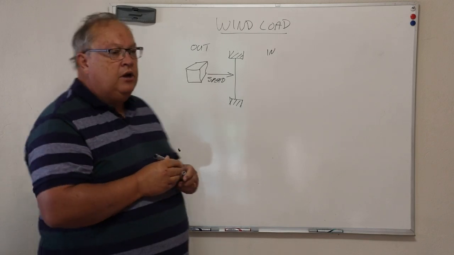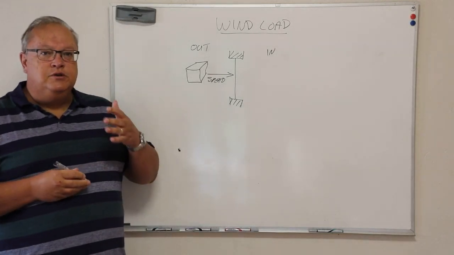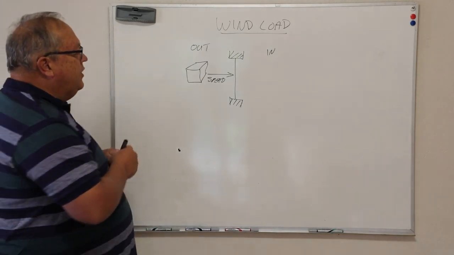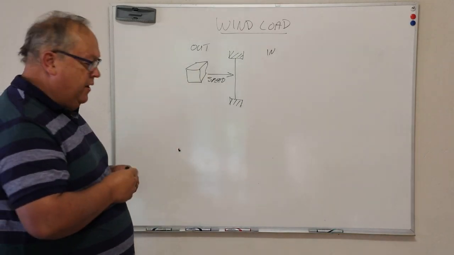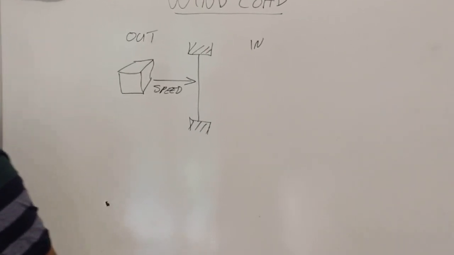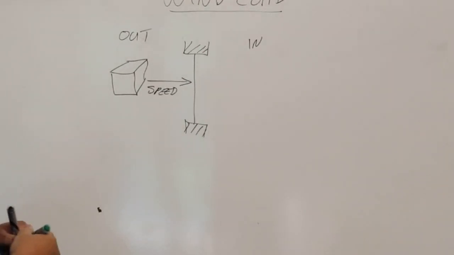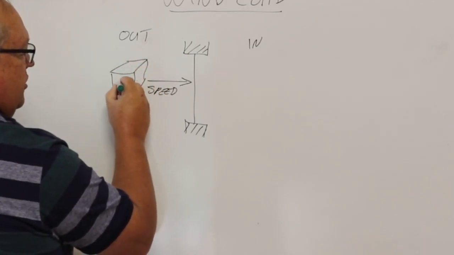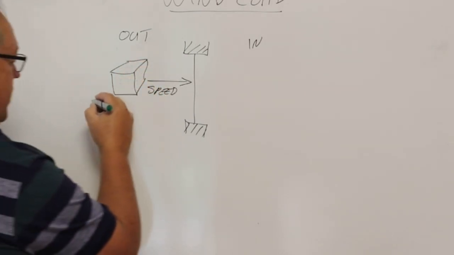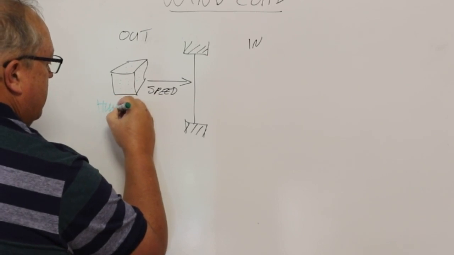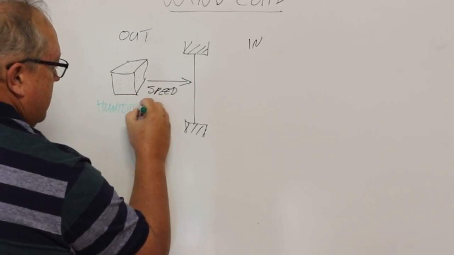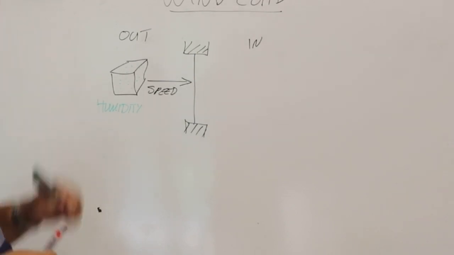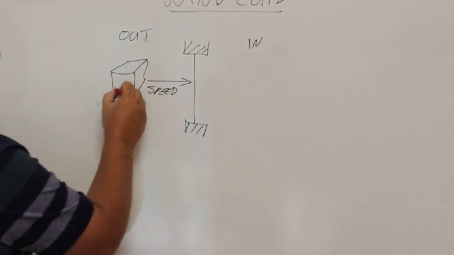Now, the problem with wind load is that it is not related only to the speed of the wind, but also to a few other properties of this parcel of air. It is a function of the humidity of the air, in other words, the number of water molecules contained in this parcel of air. It is also a function of the temperature of this parcel of air.